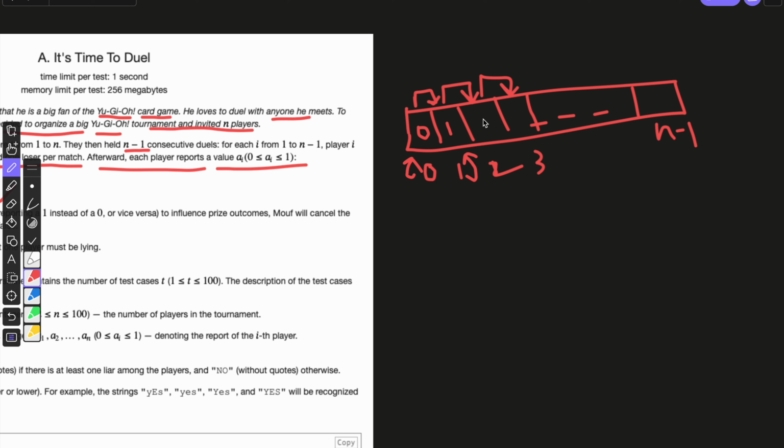For example, if here we have 0, then we can surely say that this player fought with this player and he or she didn't win. So 1 indicates that the player has won at least one time, or it can be many times also.